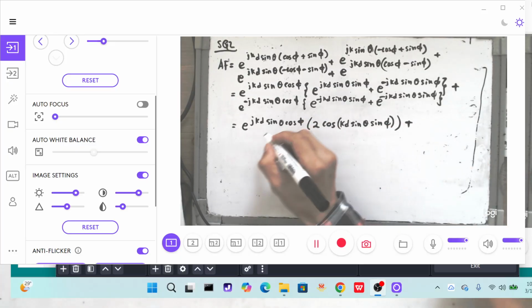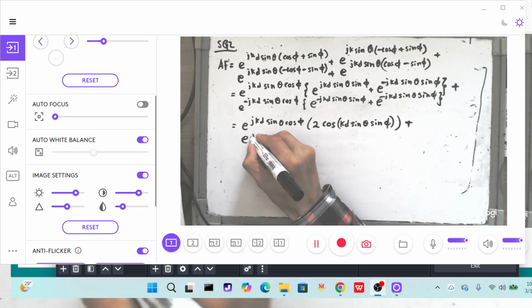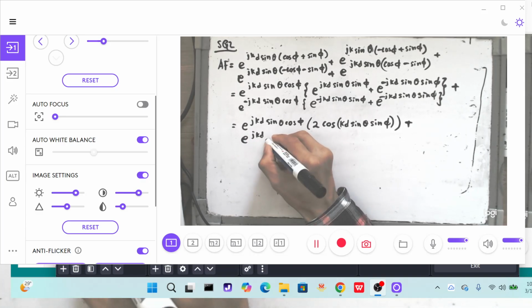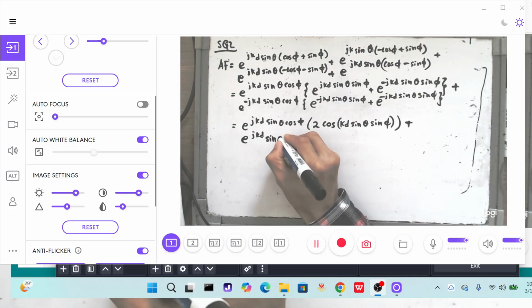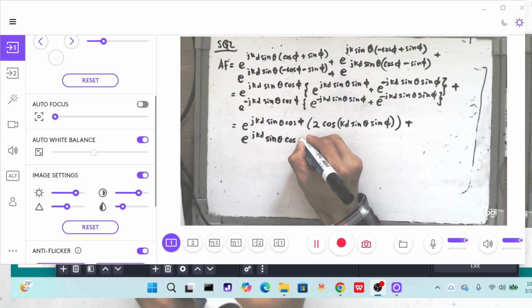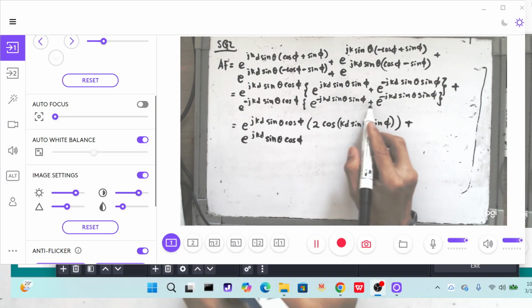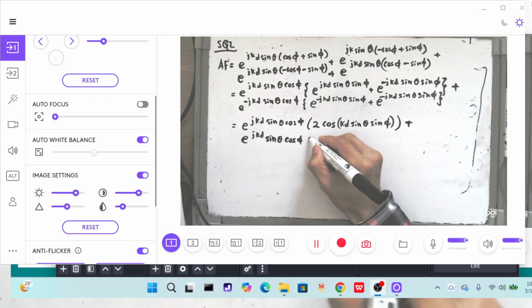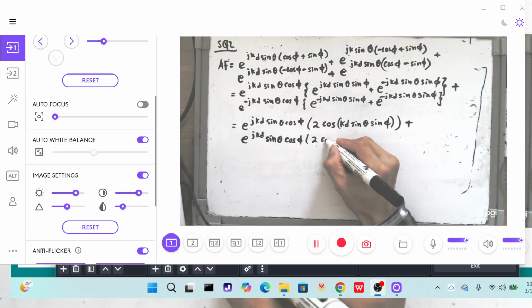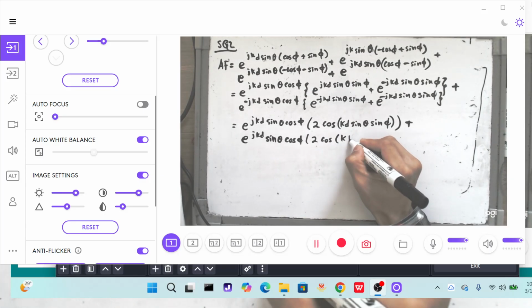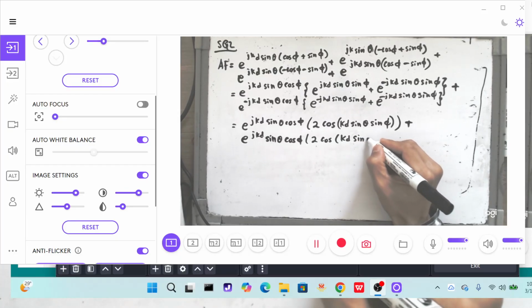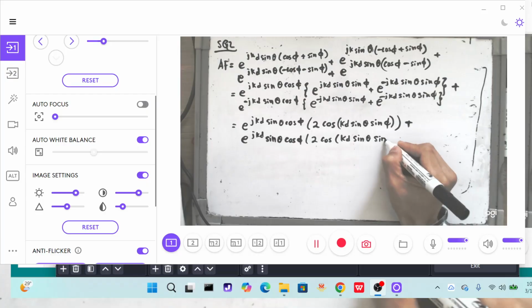The other term here is K D sine theta cosine phi, and then we can rewrite this term as 2 cosine K D sine theta sine phi.